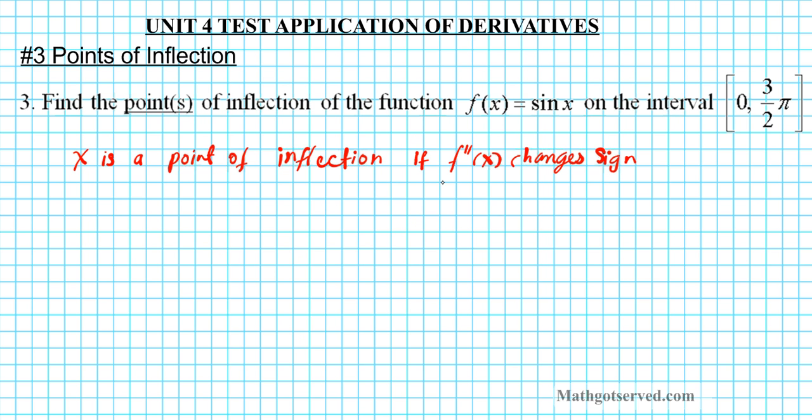So if the second derivative changes sign at a particular x value, then that indicates that it's a point of inflection.